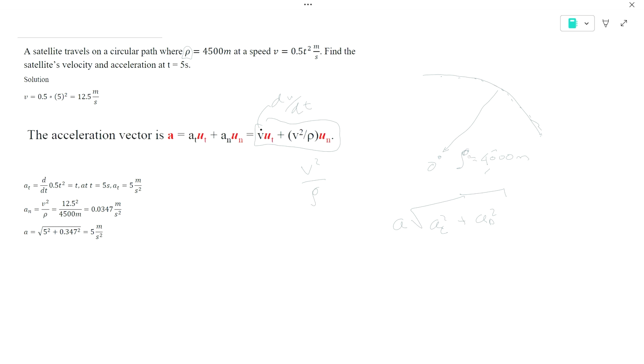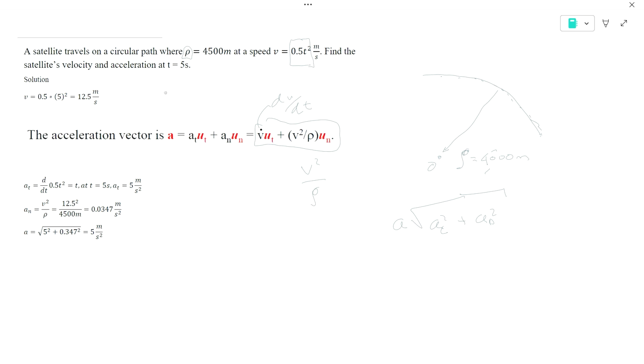The curvature is constant. They give us a curvature of 4,500 meters. They already give you the velocity as a function, so you just have to differentiate this. And they're telling you what time or times they want to find the acceleration.